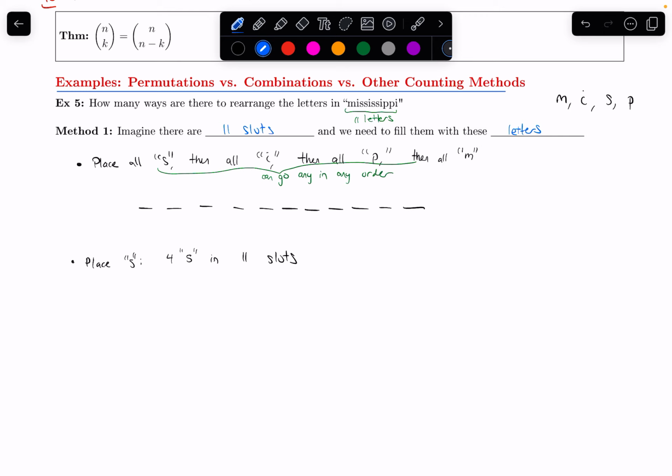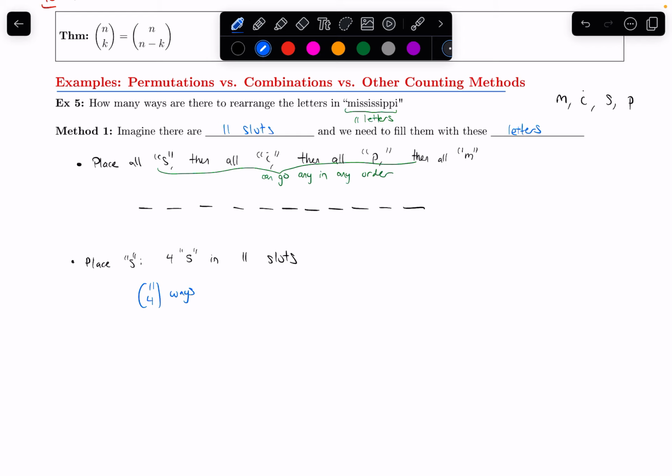And the order in which I pick the 4 slots doesn't matter. If I were to pick this one, then this one, then this one, and then this one, that would have been the same as picking this one first, and then this one second, this one third, and this one fourth. Because either way, 4 S's are going to go in them. So that's an indicator I'm going to use combinations.